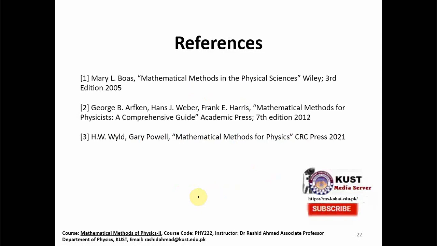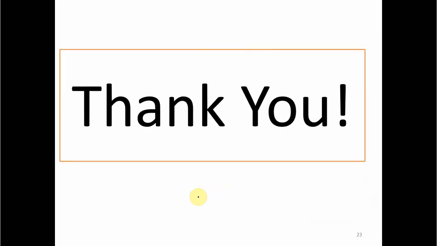And these are the references, and at the end I would like to summarize what we have learned today. In today's lecture we have seen how to solve the second order linear differential equation.